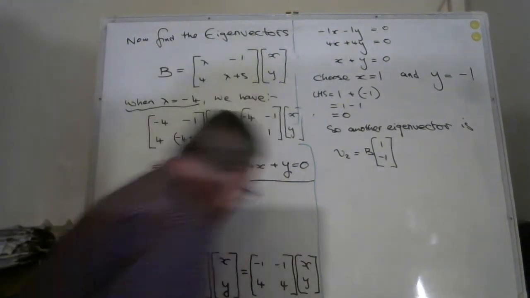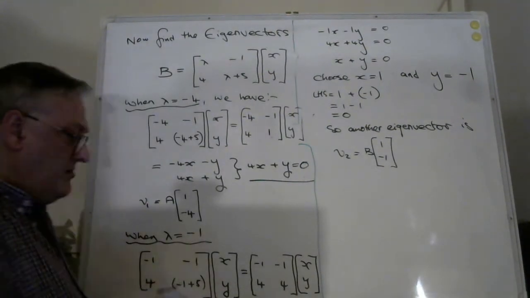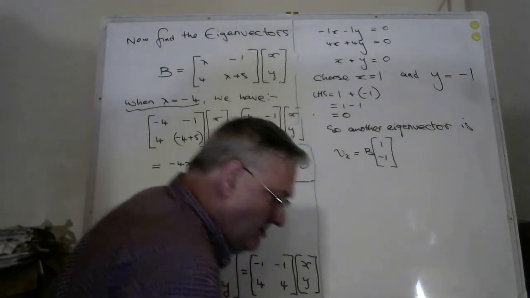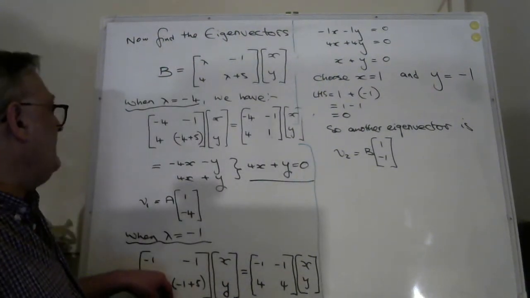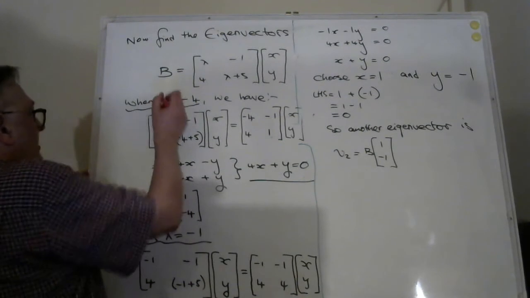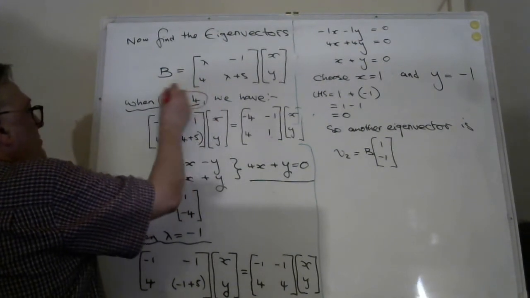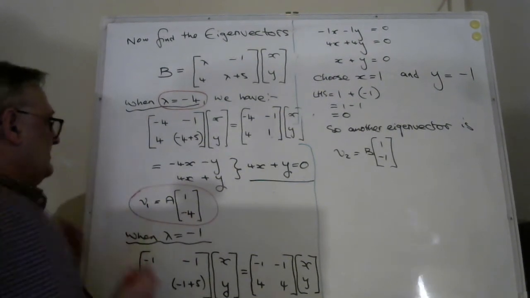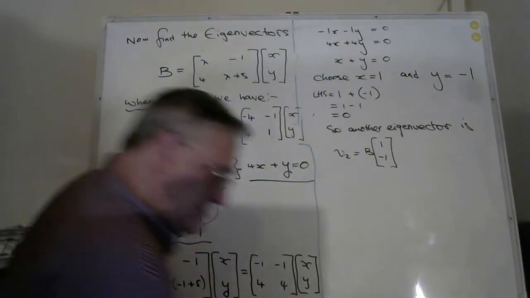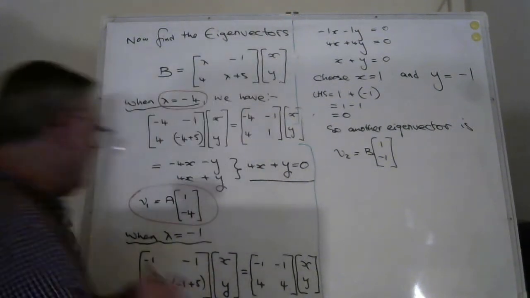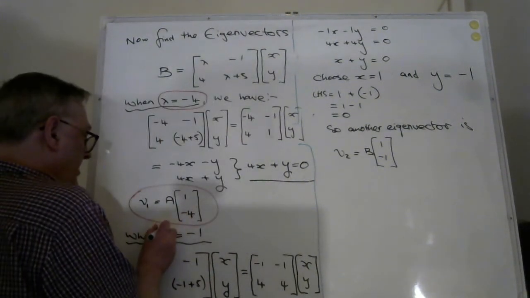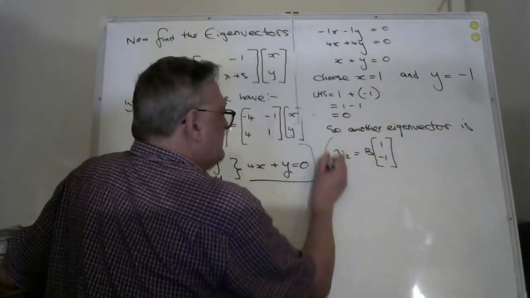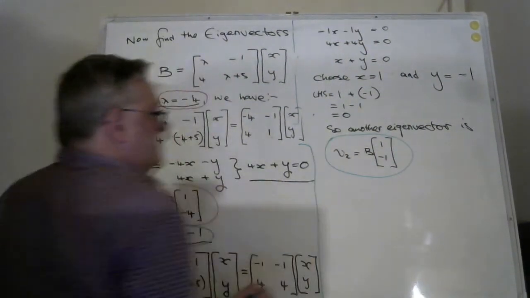Okay, so we've got two eigenvectors now, and we've actually got the two eigenvalues as well. So we've got lambda equals minus 4, which corresponds to this eigenvector, and we've got an eigenvalue of lambda equal to minus 1, which corresponds to this eigenvector.